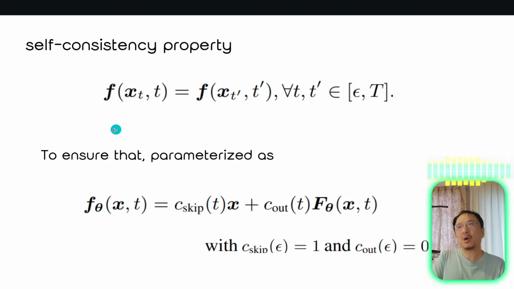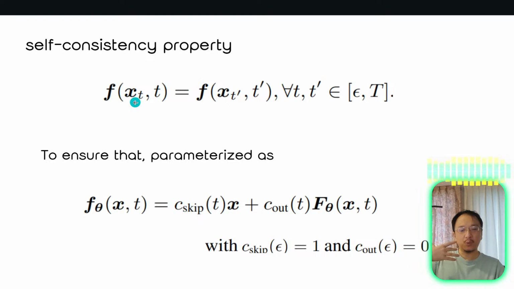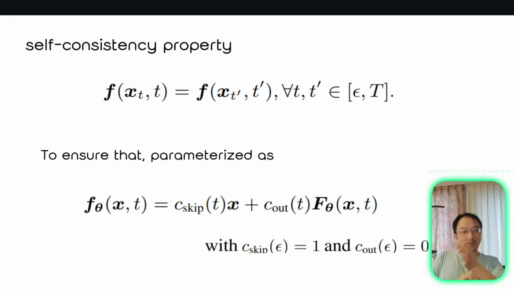So why is it called self-consistency? The reason is that no matter what time step it is, the f, because we're not going to denoise to the one step before, we are going to denoise to the original image.